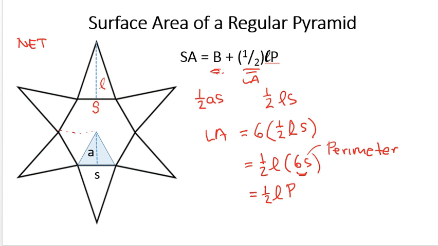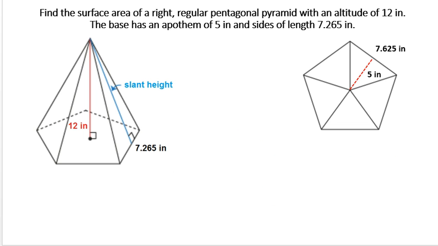Let's look at that in the context of a problem. Here is the same pyramid that we used to examine volume. First of all, we have to find the area of the base, as we did before. There are 5 triangles. Each triangle has an area of 1/2 times the length of the base, which is 7.625, times the altitude of each triangle on the base, which is the apothem of that base, and that is 5.